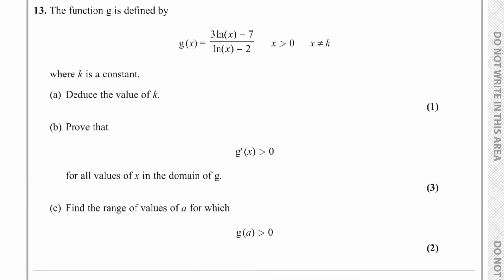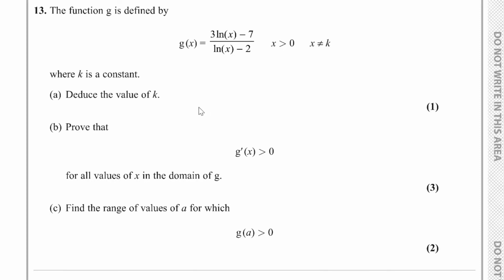Question number 13. A function g is defined by g of x equals 3 times the natural log of x minus 7 over the natural log of x minus 2, where x is greater than 0 and x doesn't equal k, and k here is a constant, and we have to deduce the value of k.